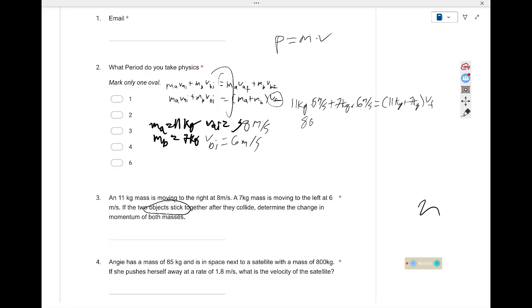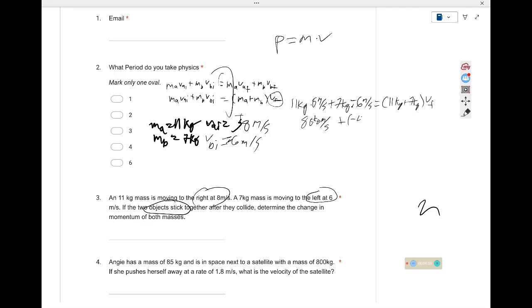So this is going to give us 88 kilogram meters per second. That's how much momentum the large ball has at the beginning of the problem. Now, I notice I did something wrong here. One's moving to the right, one's moving to the left. So this one's going to have a positive 8 meters per second. This one's going to be moving negative 6 meters per second.